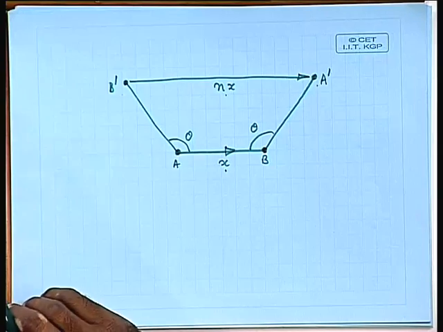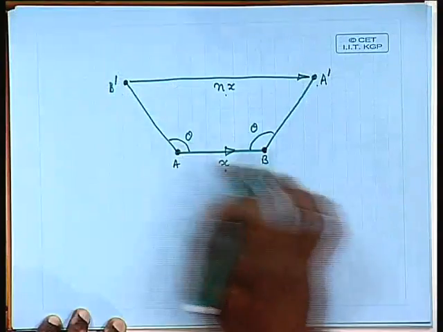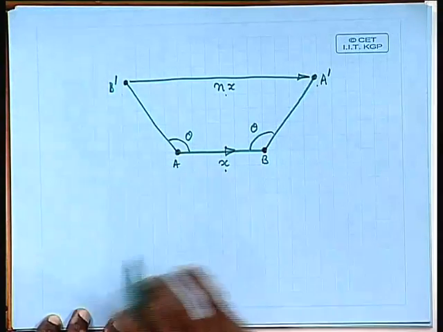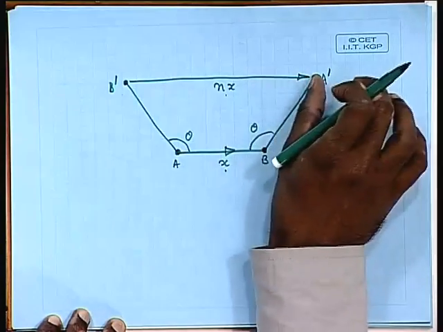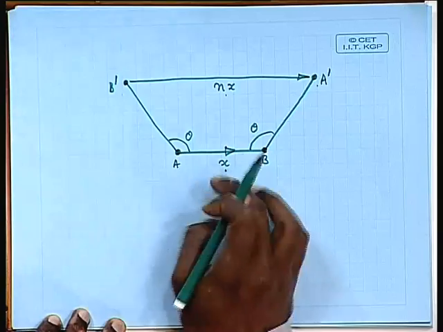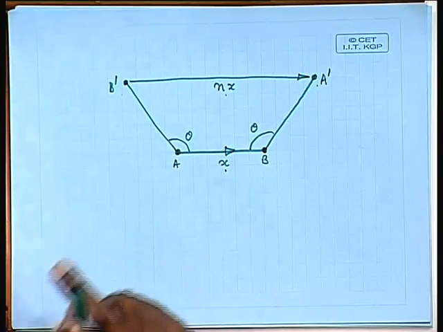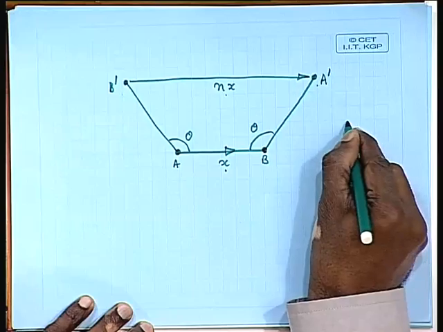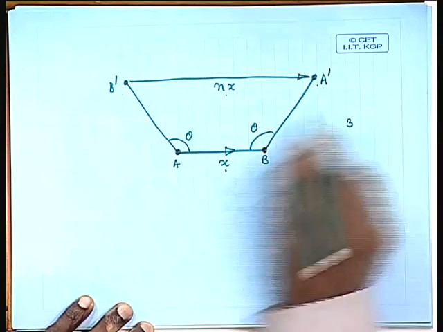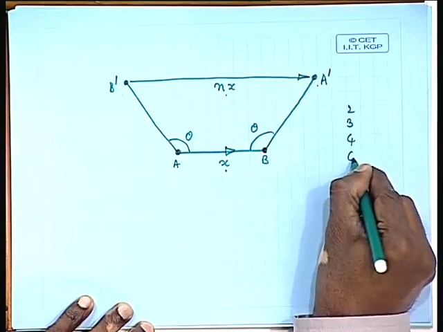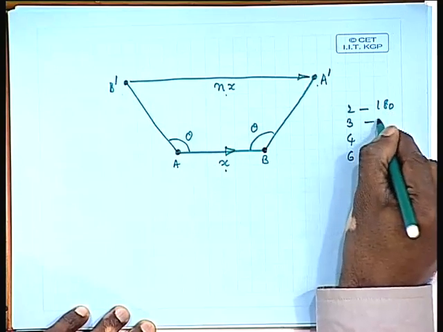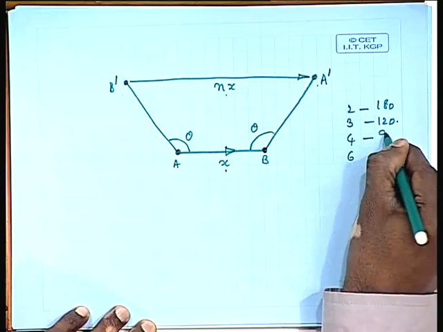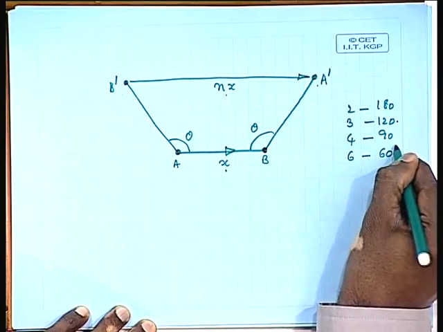And if there is a periodic arrangement of atoms, if there is an atomic direction like this AB direction, A dash B dash direction is parallel to AB direction, and because A dash B dash is parallel to AB direction, the distance between these two atoms should be integral multiples of this, and that is possible only when I take a 3-fold symmetry or 2-fold symmetry or 4-fold symmetry or 6-fold symmetry. For 2-fold symmetry the angle is 180 degrees, for 3-fold it is 120, for 4-fold it is 90 degrees, for 6-fold it is 60 degrees.